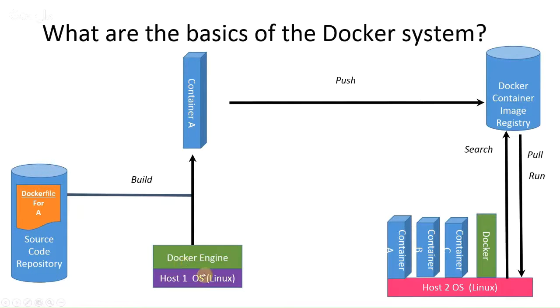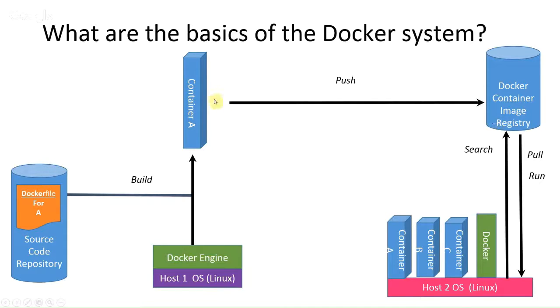Then using Docker engine, which is the engine that Docker uses to manage the container, we build this Dockerfile, and the output is a container, or you can say an image of a container.